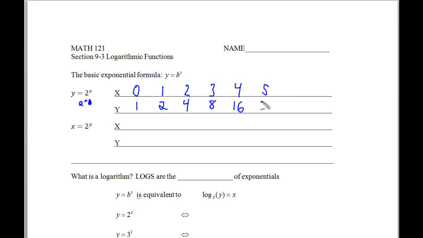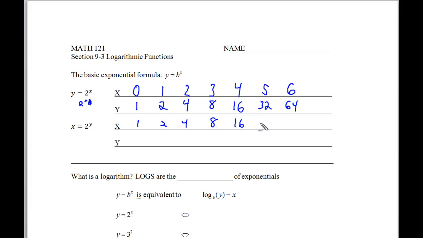And this is going to go on, as every power of 2 is going to double the previous entry. So this is the exponential function in the world where the numbers double every time. Now, what you have here is the inverse of that equation. This is where the x and y are flipped. And the easiest way to graph something like that is to flip the x and y tables from this parent equation. So the inverse of this one is going to end up being our logarithm equation.